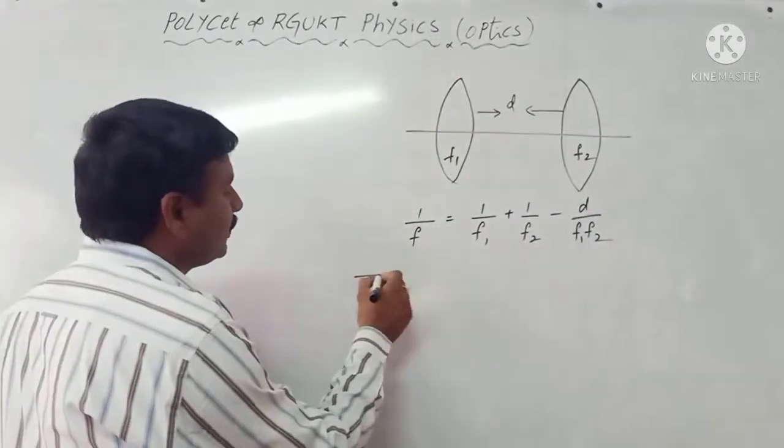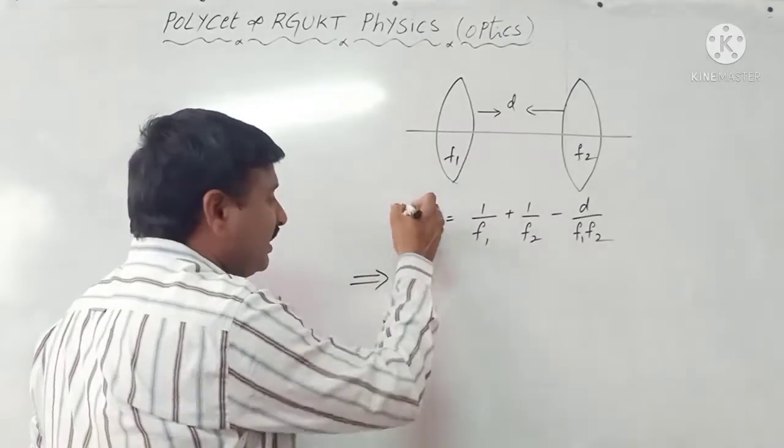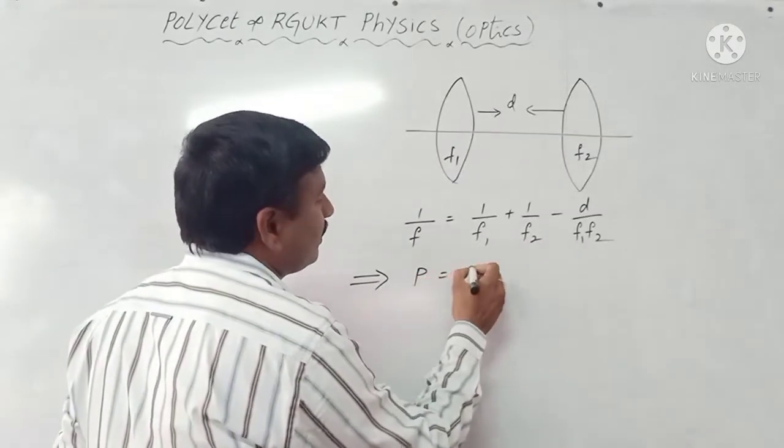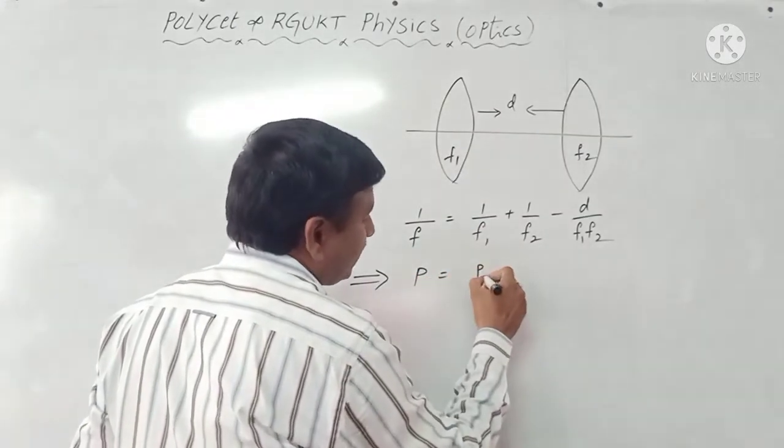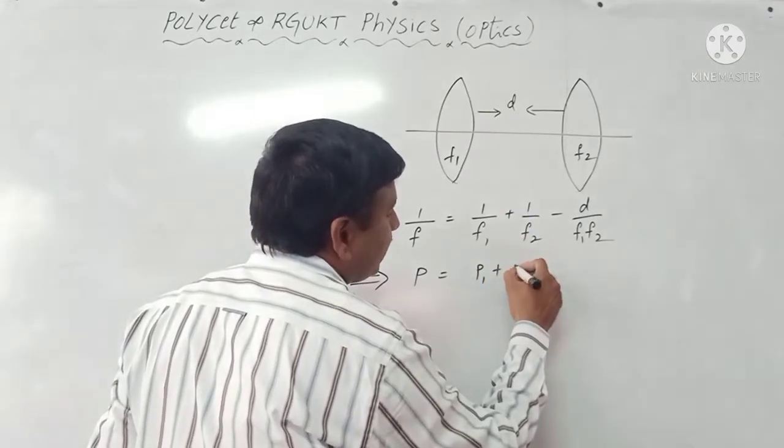Converted into power of lens, 1 by f means P, 1 by f1 means P1, and 1 by f2 means P2.